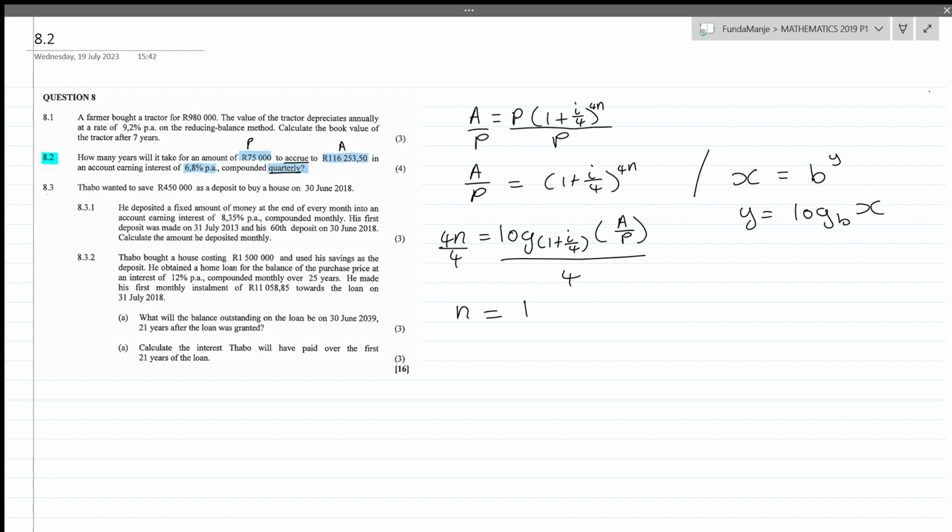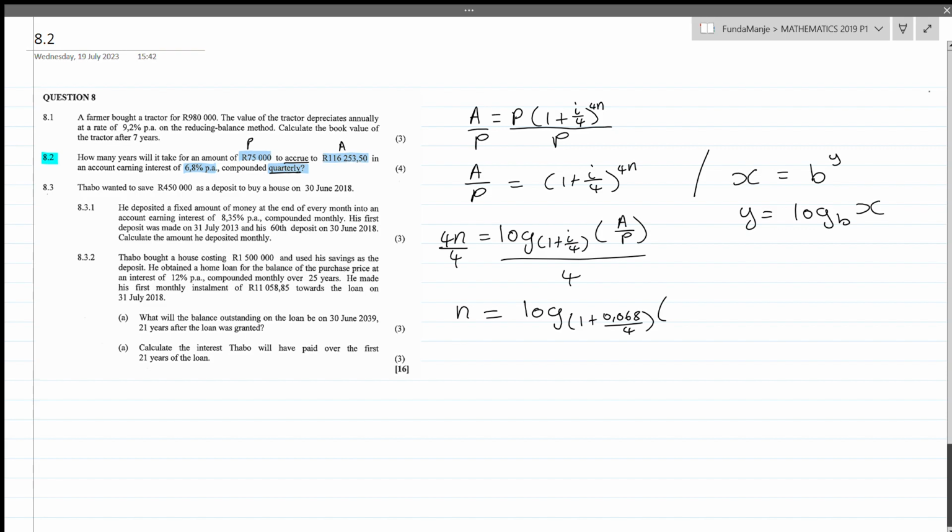Now that we have n as the subject of the formula, we can make our substitutions. So the log, in the base we have interest, which is 6.8. Remember, you need to divide it by 100, which would give us 0.068 over 4, there's no power.